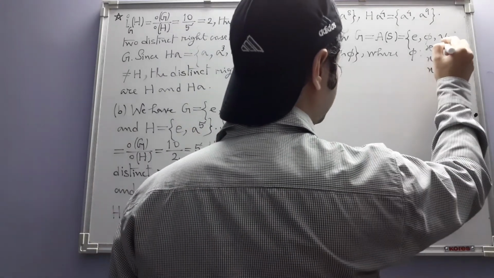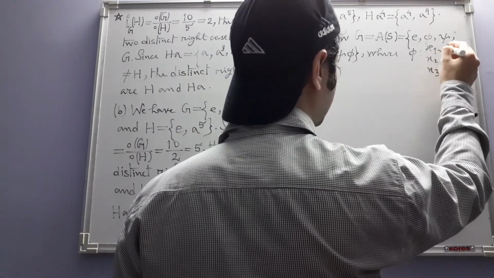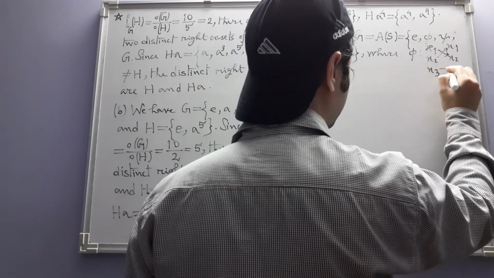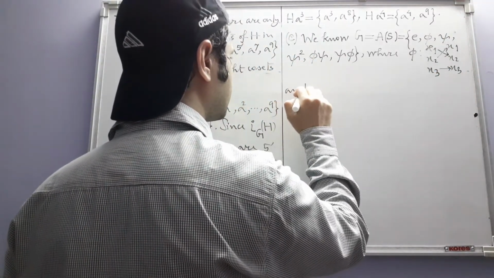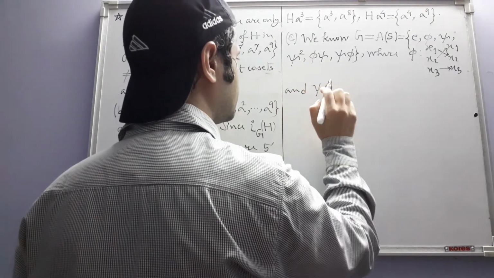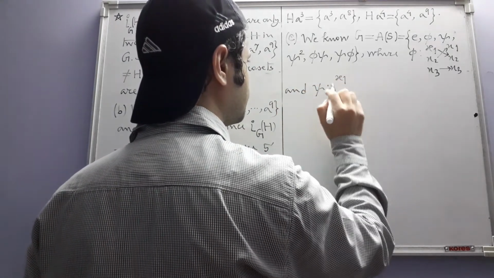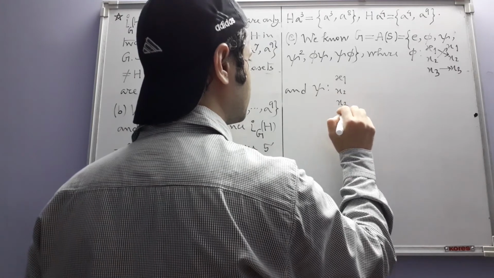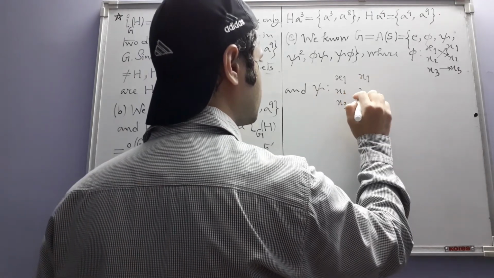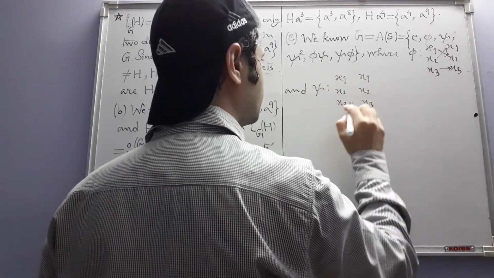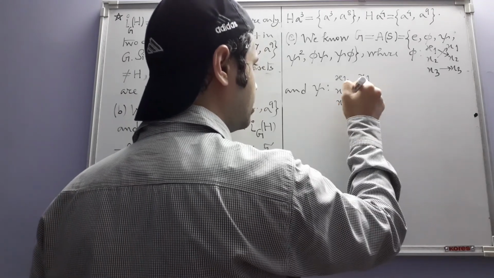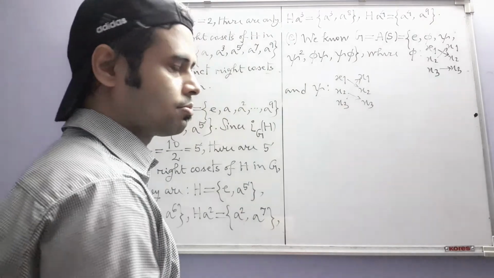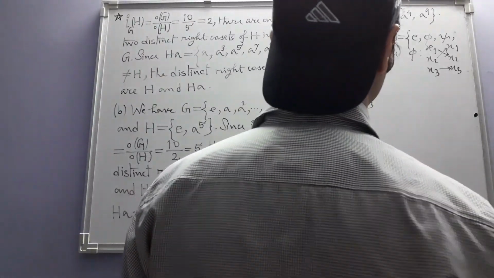So phi was the function that sends x1 to x2 and x2 to x1, and it does not change x3. And psi was the function that sends x1 to x2, x2 to x3 and x3 to x1.